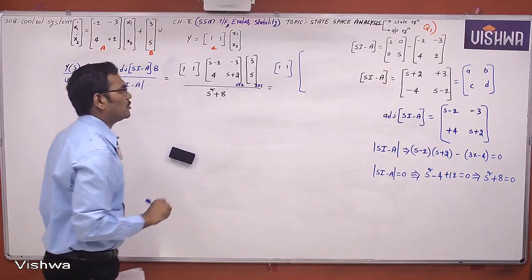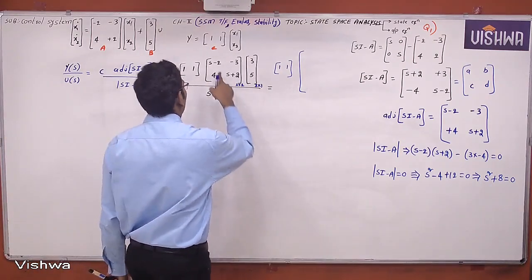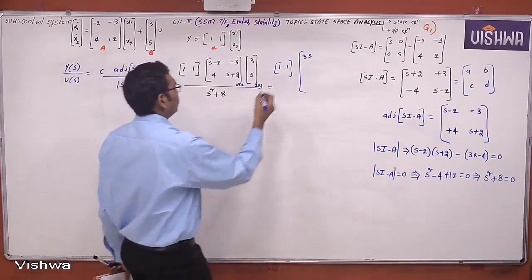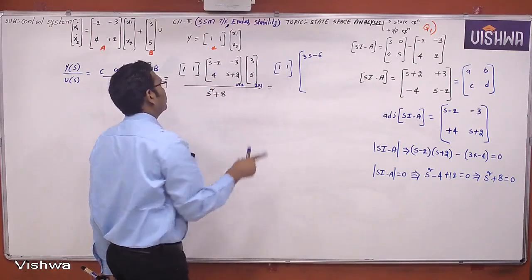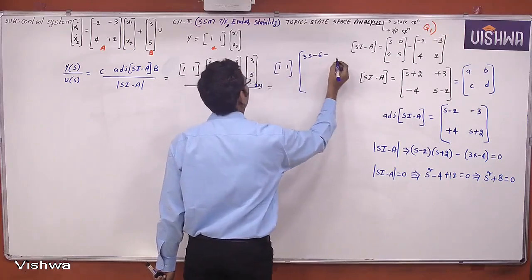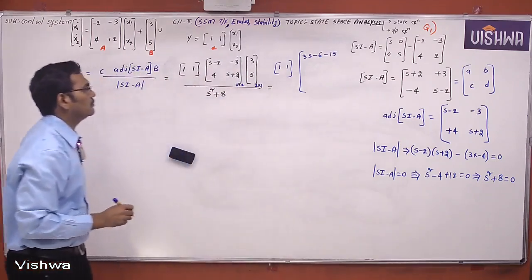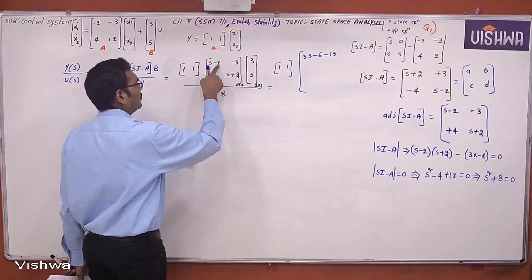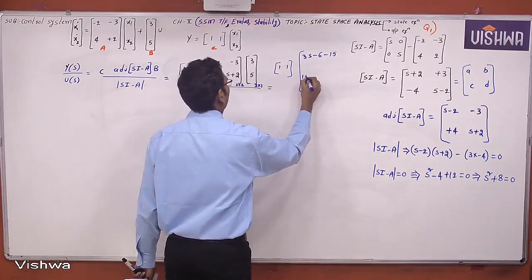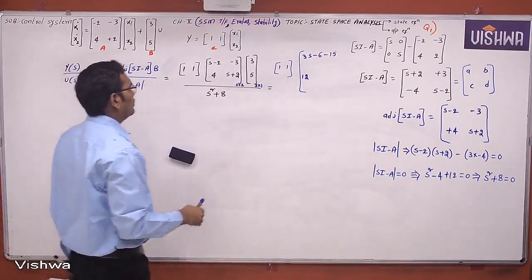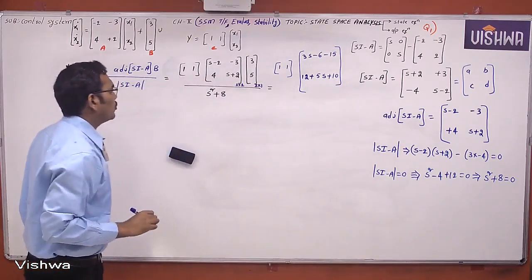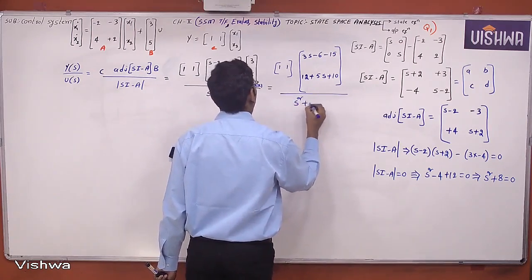Multiplying, we get 3s minus 6 minus 3 into 5, minus 15, that is 3s minus 21. And 4 into 3, 12, plus 5s plus 5 into 2, 10, that is 5s plus 22. All of this is divided by S square plus 8.